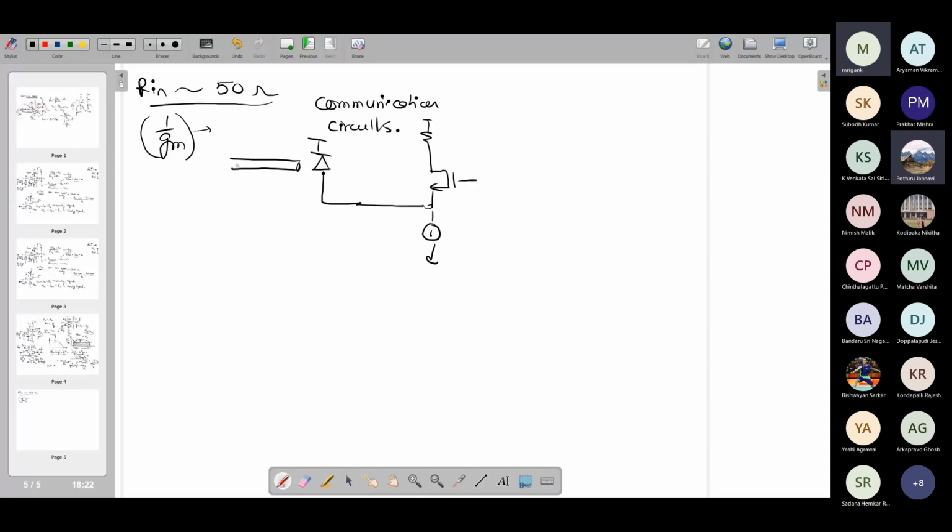An optical link basically communicates light pulses. Light pulses impinge on this photodiode, and proportional to the light intensity, it creates current pulses. This current goes into the circuit, and I need to convert it into voltage.